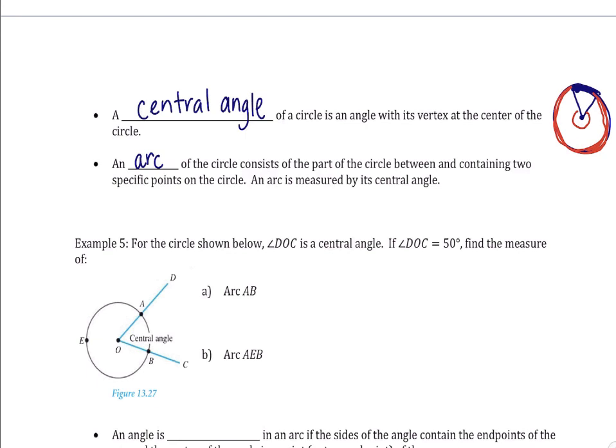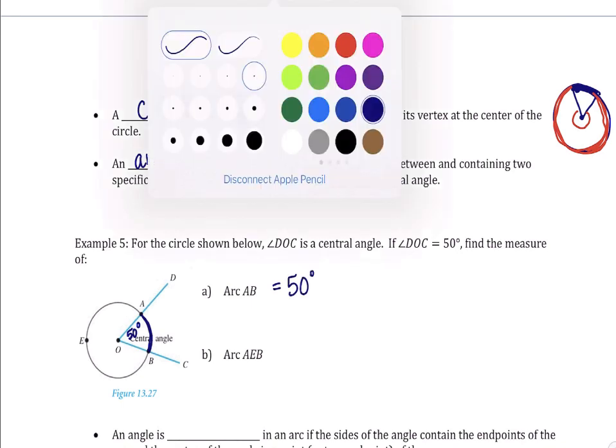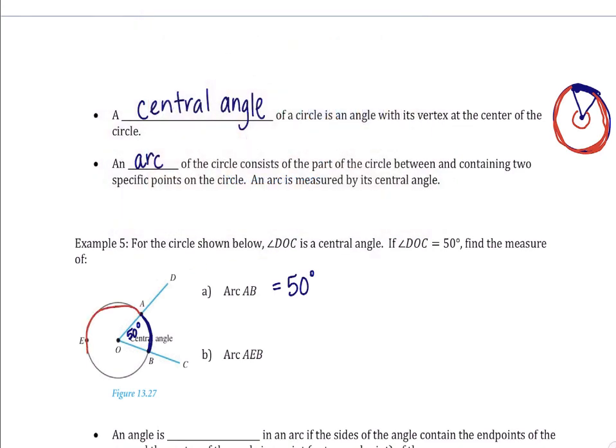Example 5, we know that the angle DOC is 50 degrees. So that angle here in the center is 50 degrees, and that tells us that the arc that's in between those two rays also has to equal the same, which in this case is 50 degrees. Now to find the arc around the rest of the circle, AEB, whenever arcs have 3 letters, then that tells you that it is one of these major arcs, so it's something that's going to be more than half of the circle.